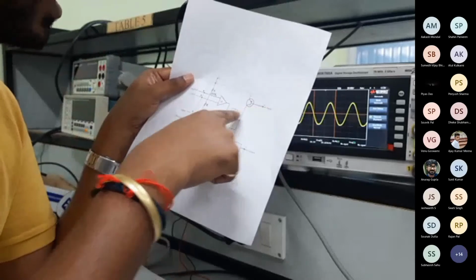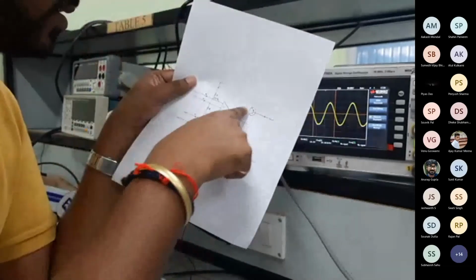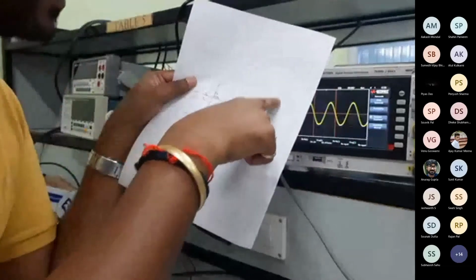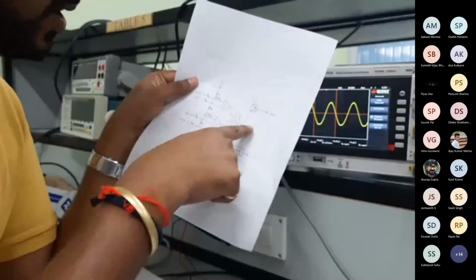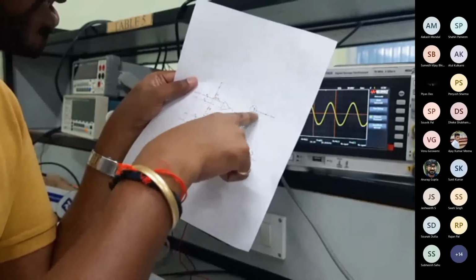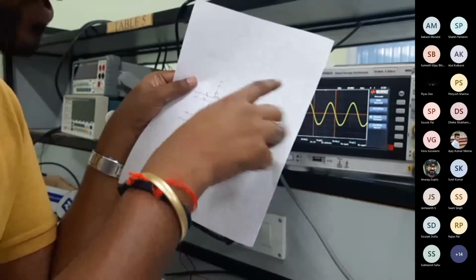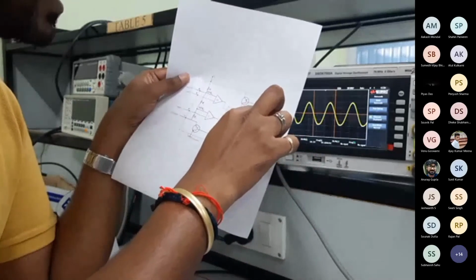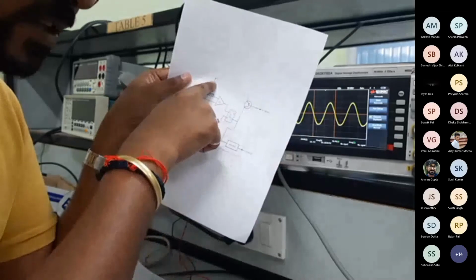If we ground it, each time the SR flip flop will be reset. So we give the high potential VCC so that the reset will be off. It is inverted because there is a bubble in the form of this NOT gate. So we are disabling this reset pin number 4 by connecting it with pin number 8.